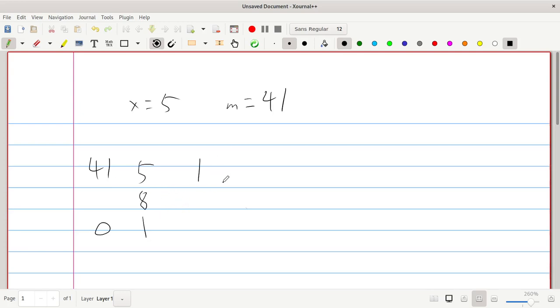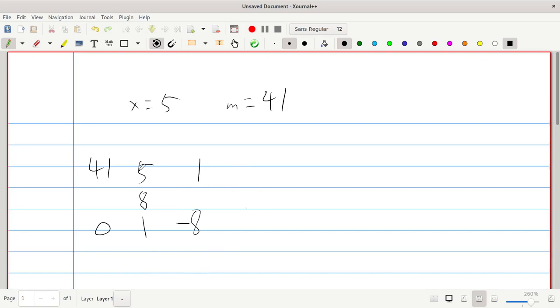Now, we take 8, we multiply it by the number underneath it. So 8 times 1 is 8, and then we subtract it from the number before it. So we do 0 minus 8 times 1, which is negative 8, of course. So we put negative 8 here. And then we repeat this.